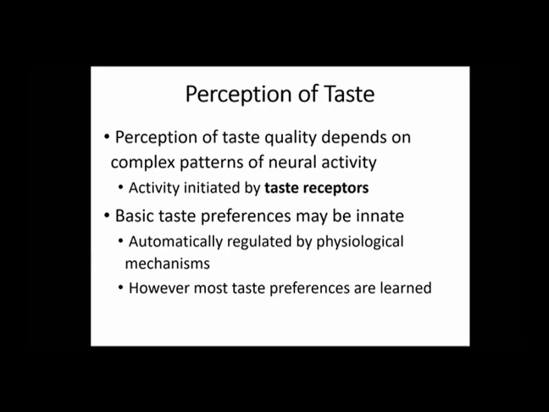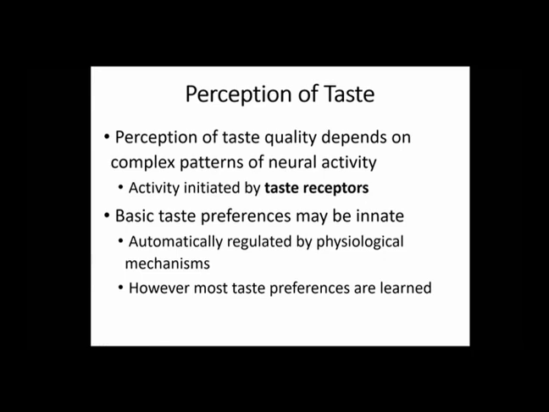This comes mostly from a complex pattern of interactions. Having however many sour taste buds active versus however many sweet versus however many salty, those ratios will create different patterns of neural activity that's all initiated by our taste receptors.